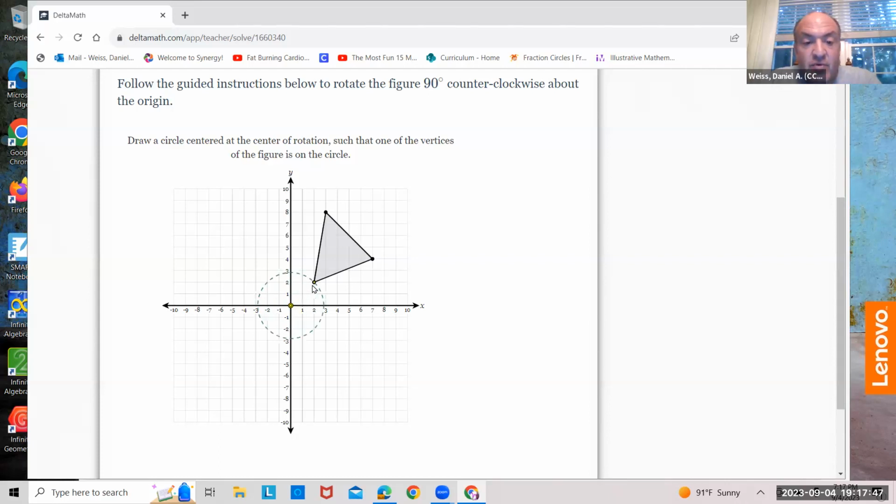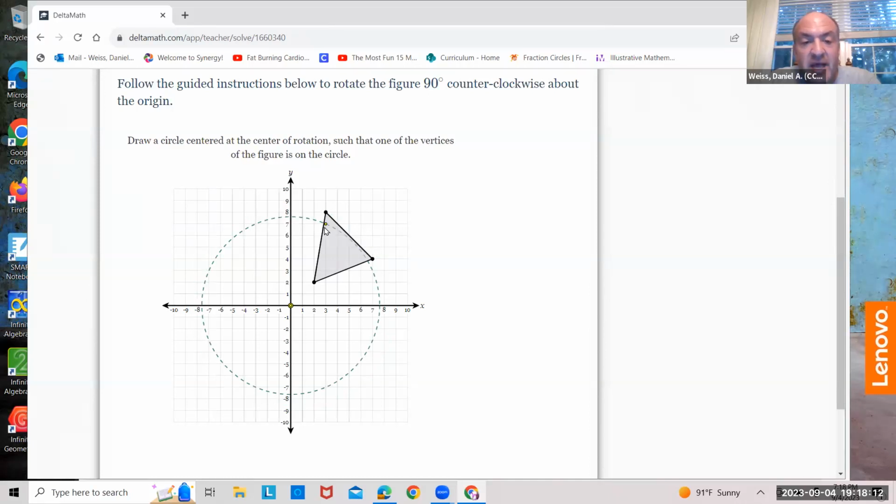I can stop right there, or I could stop right there, or I could stop right there. I'm going to stop at this one right here, right on that dot. Notice how the dot got yellow there.